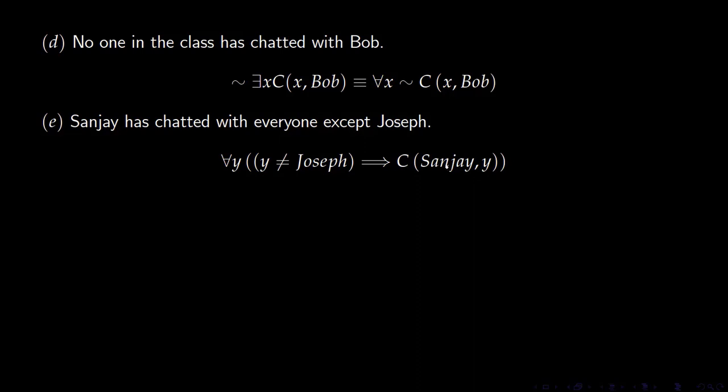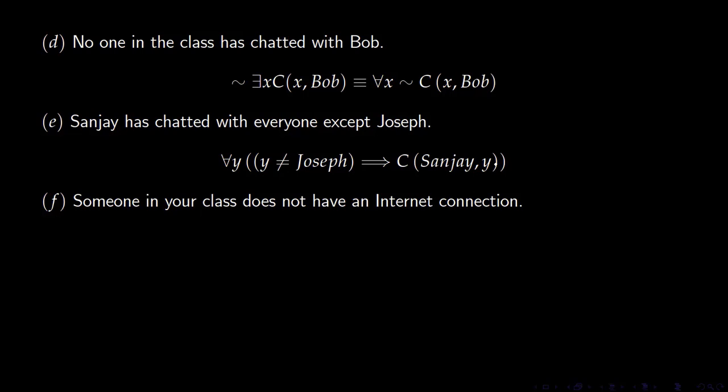This is the way of writing this statement. This means for all y, that means for all the students in the class, if y is not Joseph, then Sanjay has chatted with y. So Sanjay has chatted with everyone except Joseph.